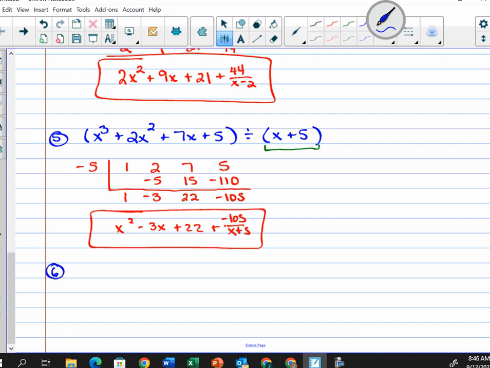We'll get there. All right, x cubed plus 6x minus 9 is divided by x plus 1.